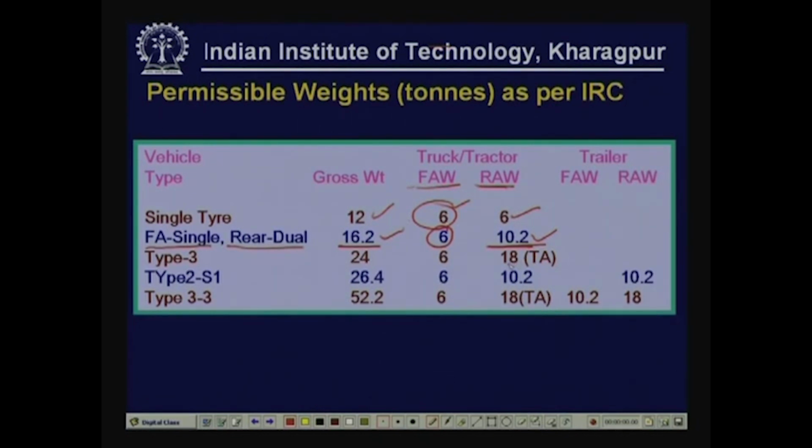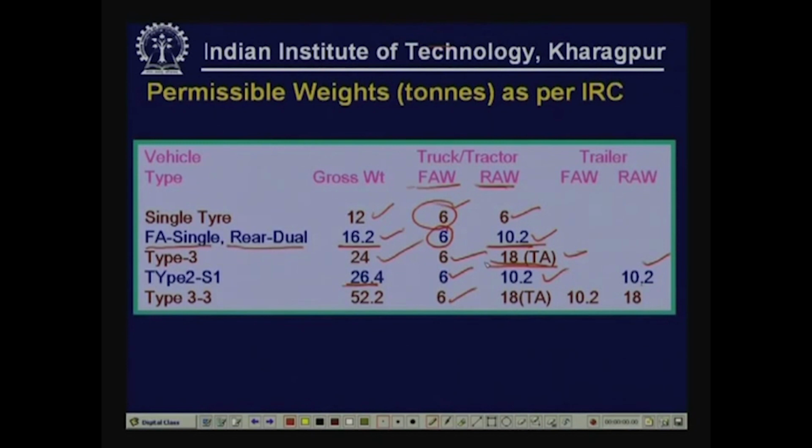Similarly, if you have tandem axle, 18 ton on tandem axle, so single axle plus tandem axle 24 ton, single axle plus 2 dual wheel sets, one on the tractor, one on the trailer, then total is 26.4 ton.